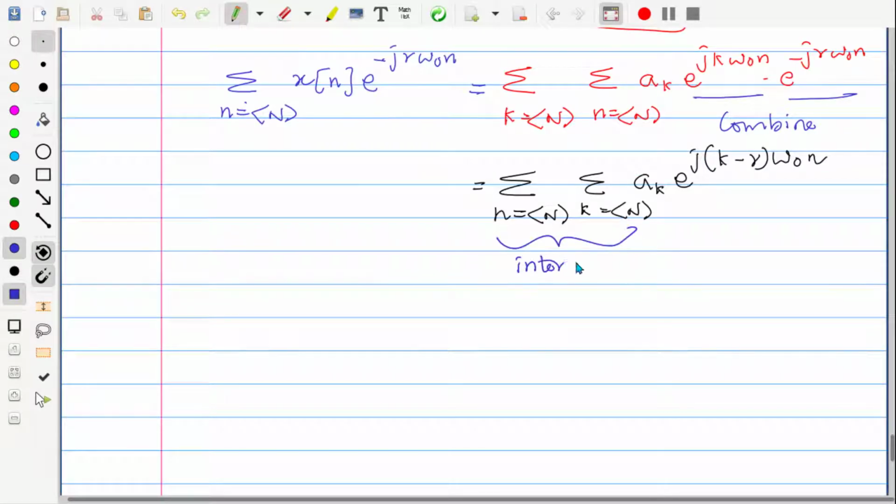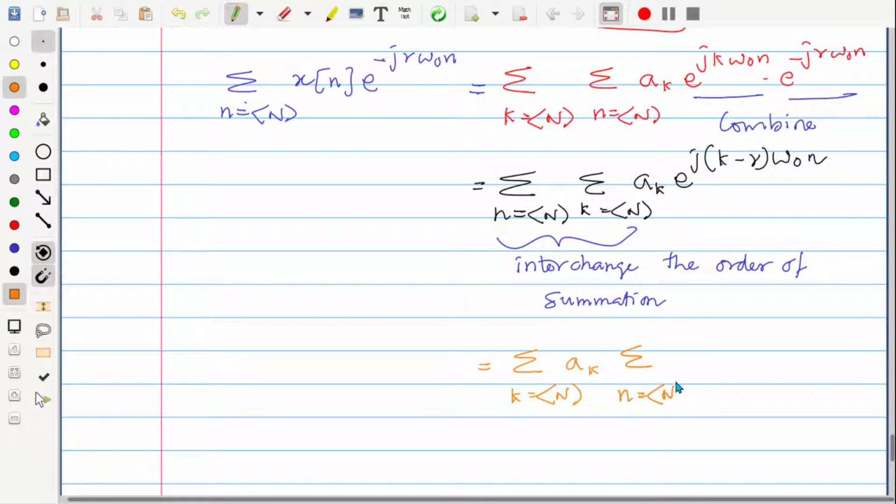Now interchanging the order of summation in the RHS of the equation, we will get summation k within the range N, a_k into summation n within the range N, e^(j(k-r) omega_0 n). Since it is a summation, there is no problem of changing the order of the summation.